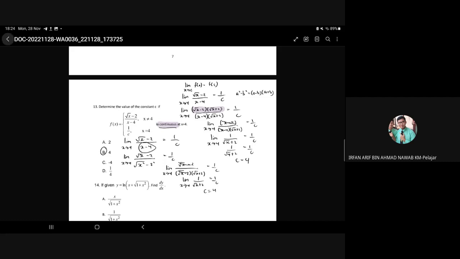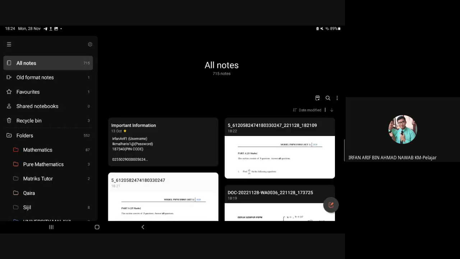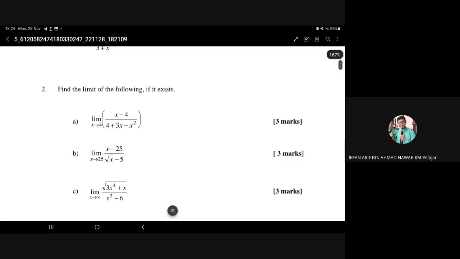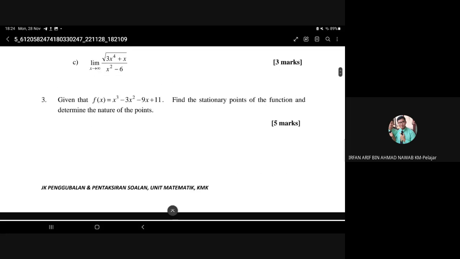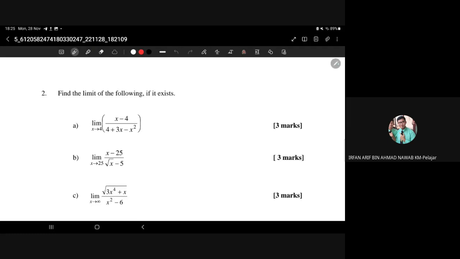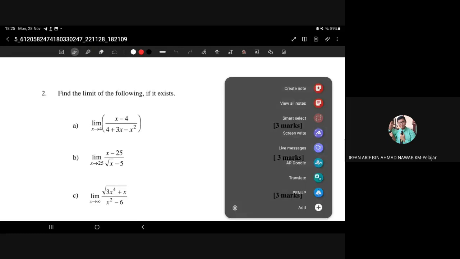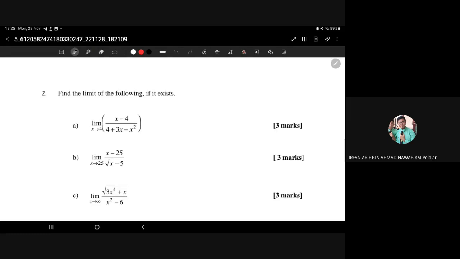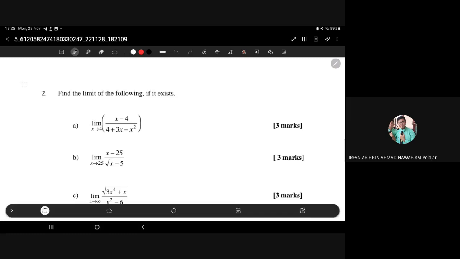Right, so we continue with this question. Okay, finally I found it. Honestly, I didn't realize they have this subjective format. So, okay, no worries. As usual, this is not a straightforward question, but still a question.